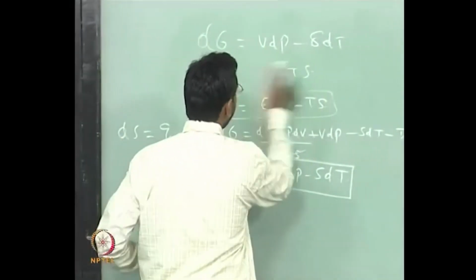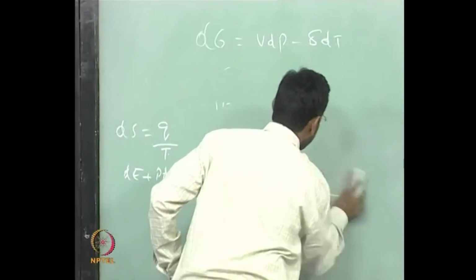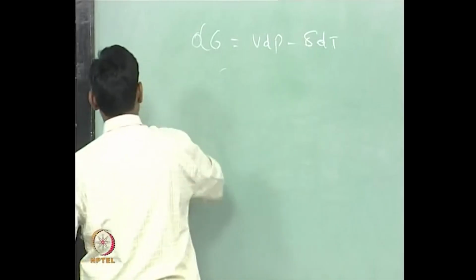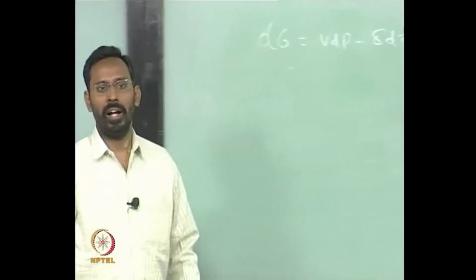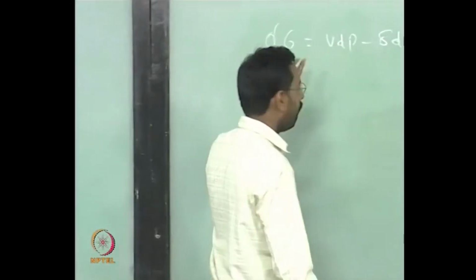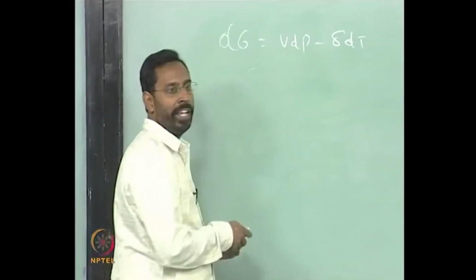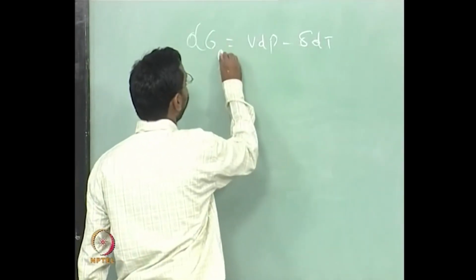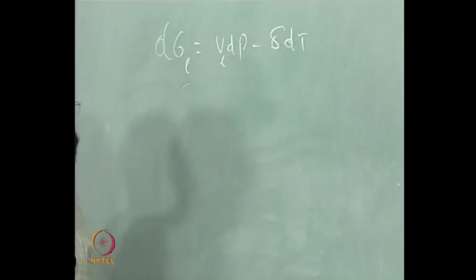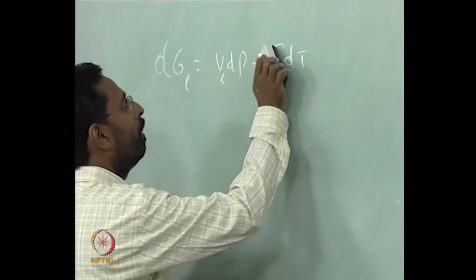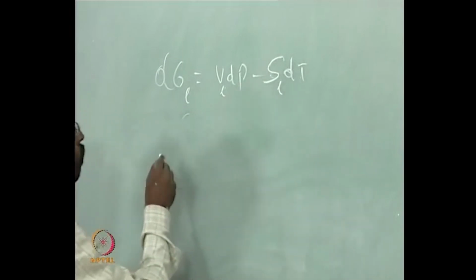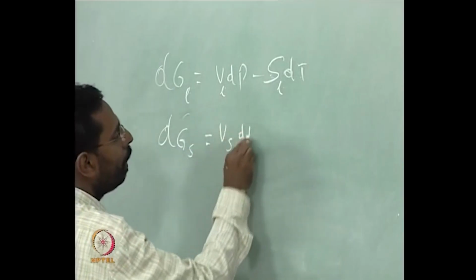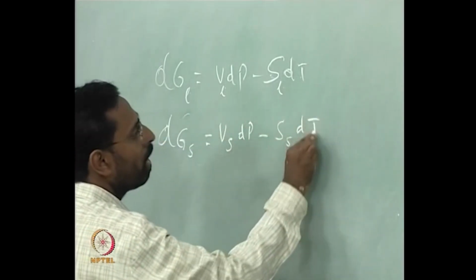So anyway, once we can derive this, today let us use this expression. For example, we can write this expression for every phase transformation. We have done this earlier for liquid to solid. For example, we can write dG of liquid is V of liquid into dP minus S of liquid into dT, and we also wrote that dG of solid is V of solid into dP minus S of solid into dT.